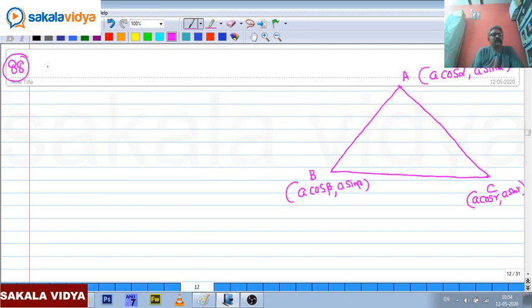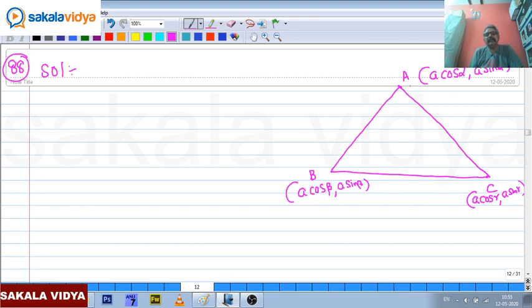Okay, now question number 88 solution. See, I ask you one question. What is the distance from origin to a cos alpha comma a sin alpha? Is actually a. Similarly, the distance from a cos beta comma a sin beta is also a. Distance from origin to a cos gamma a sin gamma is also a.